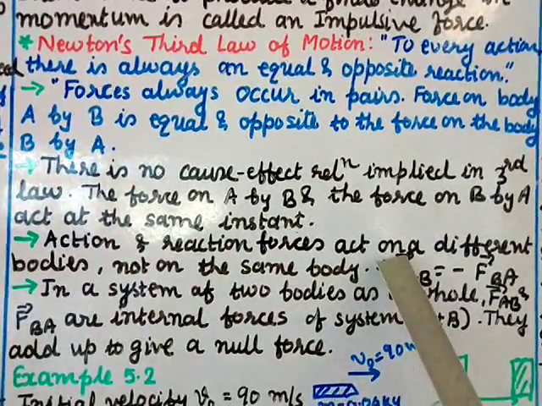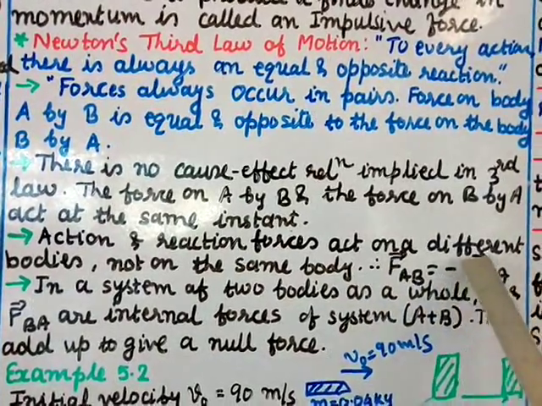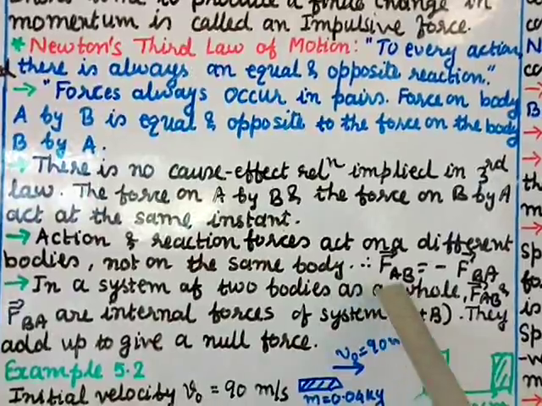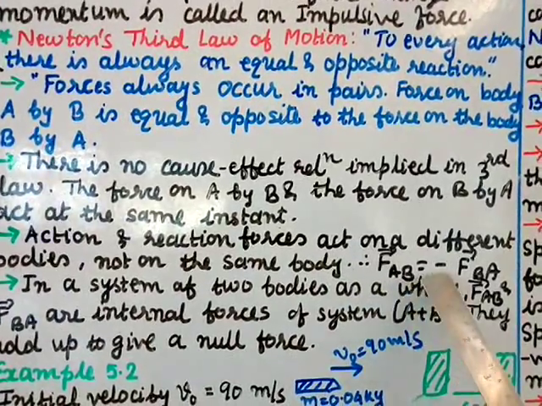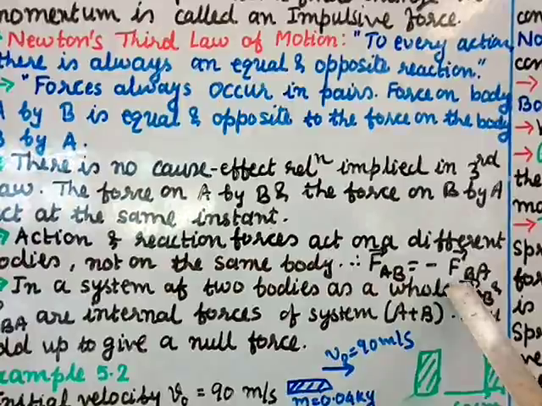That means vector FAB is equal to minus vector FBA, that is, the force applied on A by B is equal to the negative of the force applied on B by A.